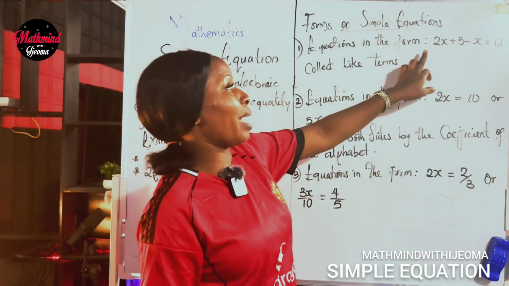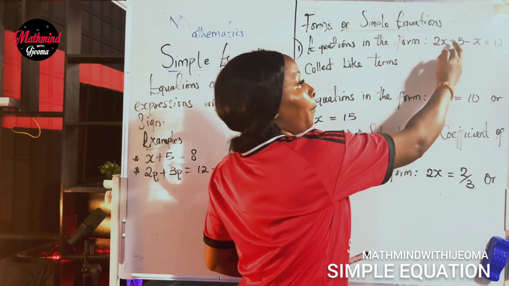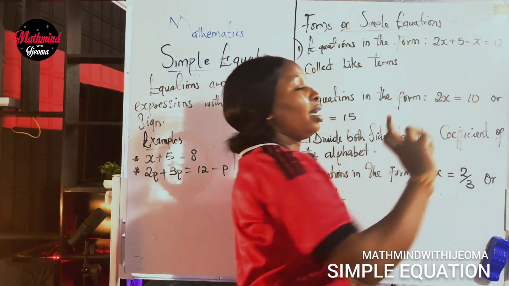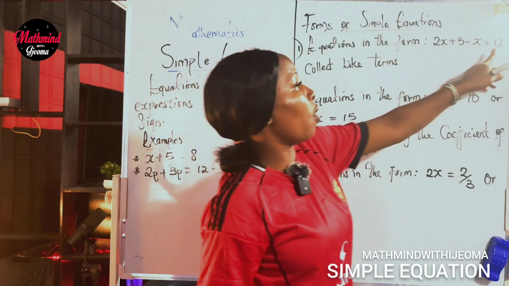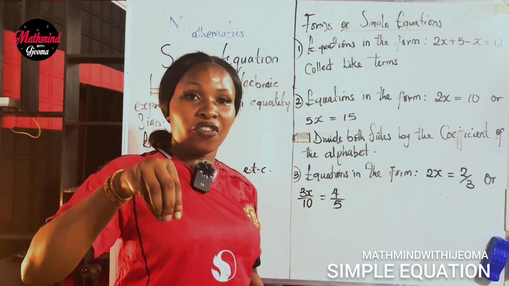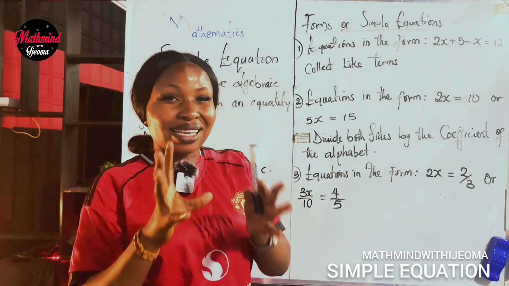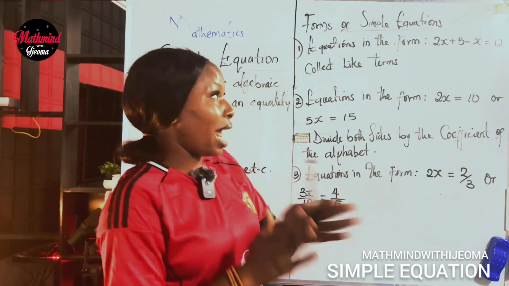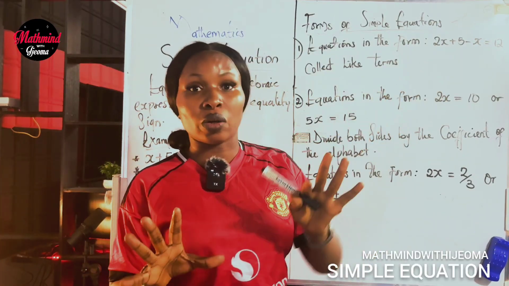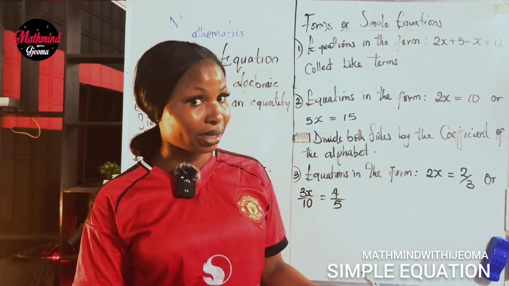So if you talk about a term, 2x is a term, plus 5 is another term, minus x is another term, and 12 is another term. So terms are parts of an expression or an equation that can stand on their own. Like 2x can stand on its own as a term. Plus 5 can stand on its own. Minus x can stand on its own because it's a negative x.